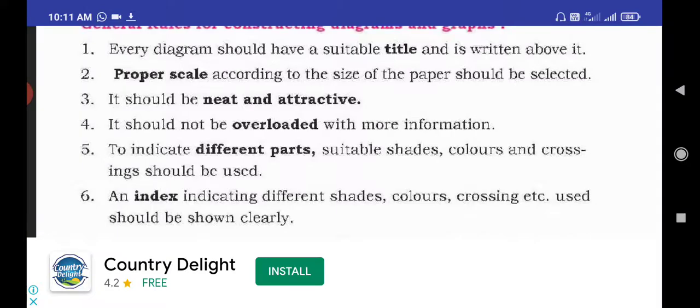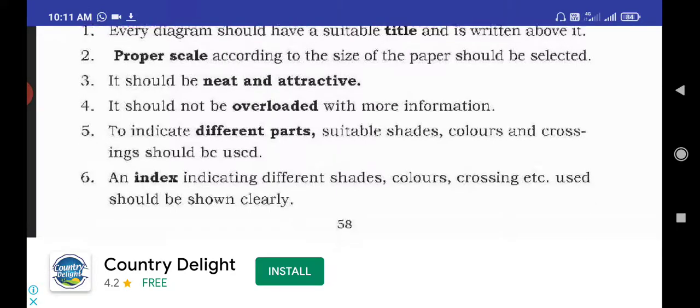When we are drawing a diagram or graphical presentation, we should make it neat and attractive. We should provide colors.